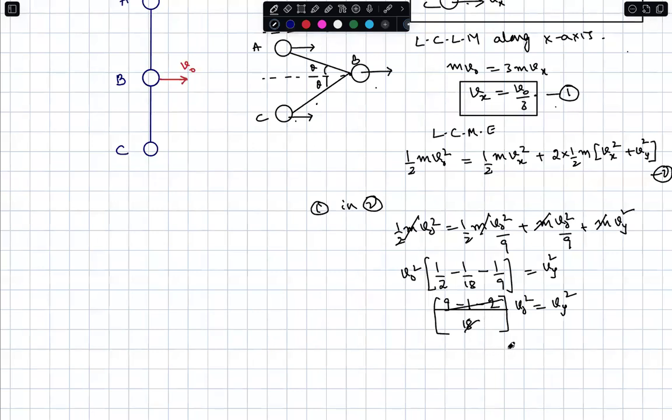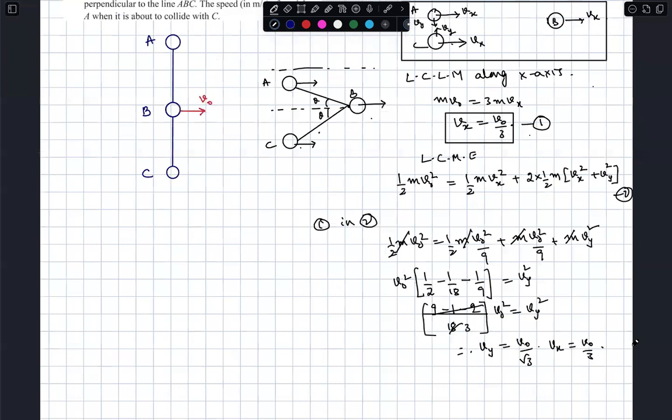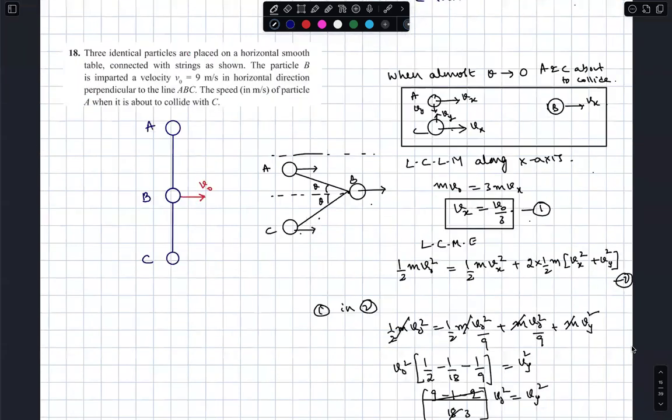So therefore, vy is v0 by root 3. Vx is, boys, how much? v0 by 3. I have given you the final velocities of A and C. By the way, what do you want? The speed of the particle A when it is about to collide with C.